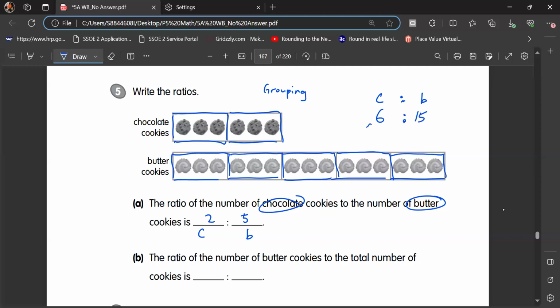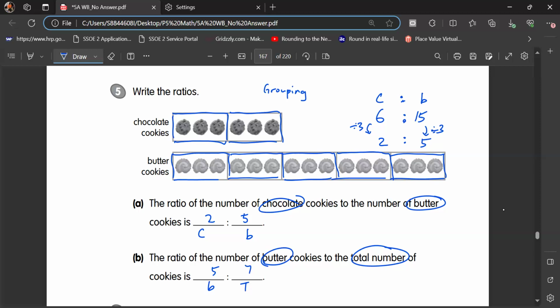But I could group them by groups of 3. So I can just write 2 is to 5. So from butter to total, that's 5 is to 7. So okay?